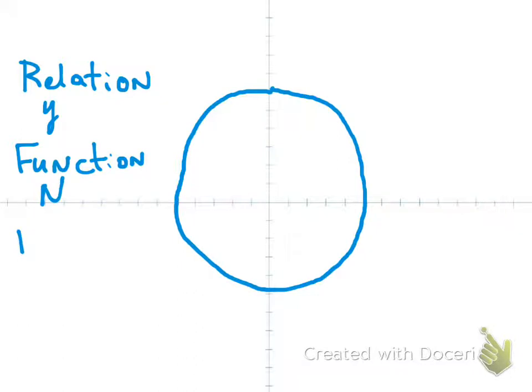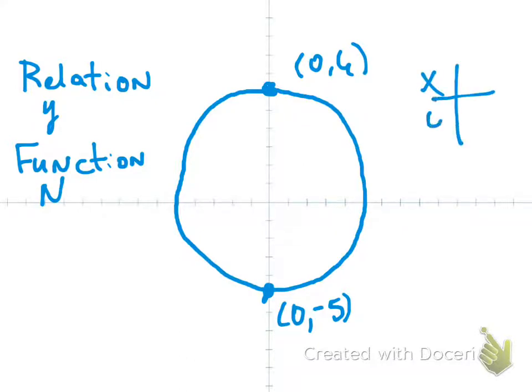Why? The reason why is because, look, you can see here. Let's just take these 2 points. That's supposed to be 0, 6. This is 0, -5. If you notice here, I have x 0, and y 6, -5.